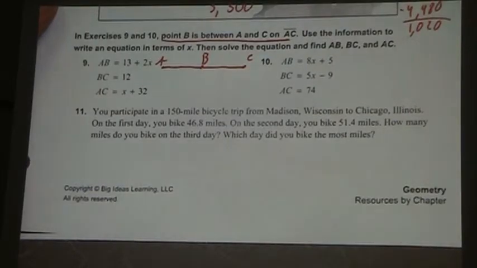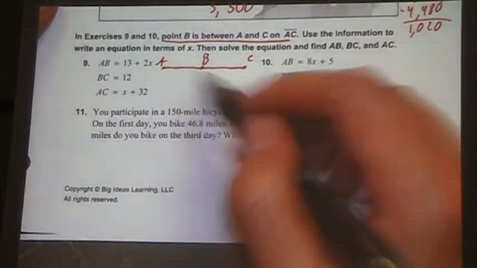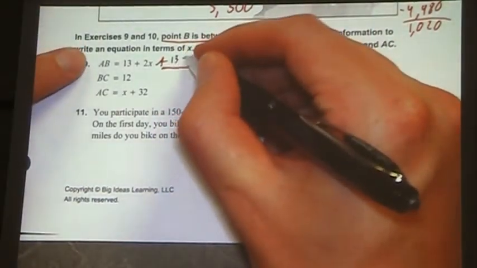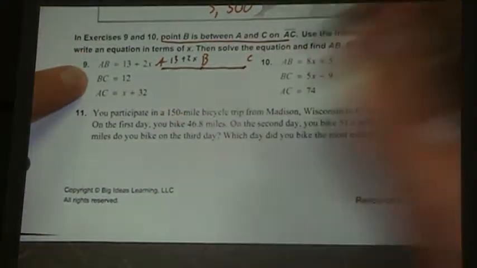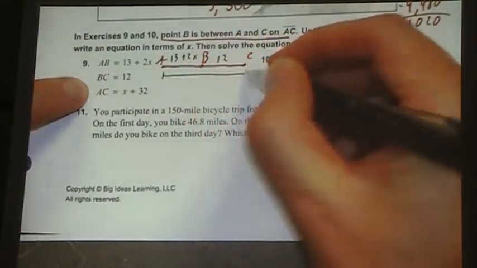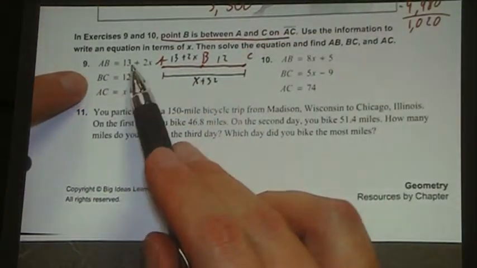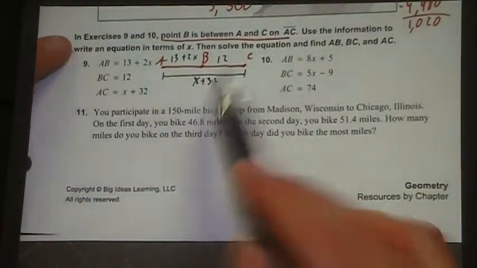Okay, we're going to find x. So we're going to take these values and plug them into the picture. AB is 13 plus 2x. BC is 12. And AC is x plus 32. I'm just getting these values and putting them into their locations.